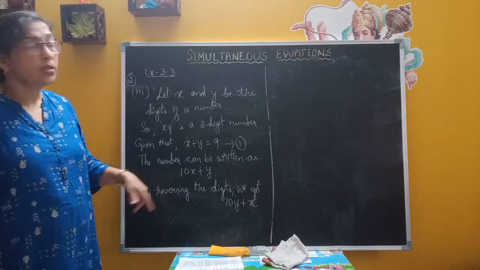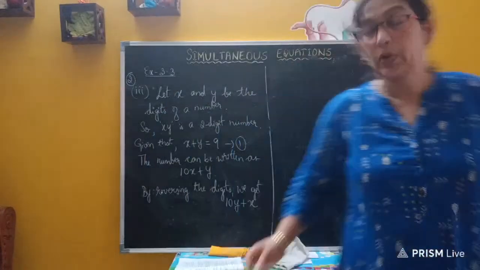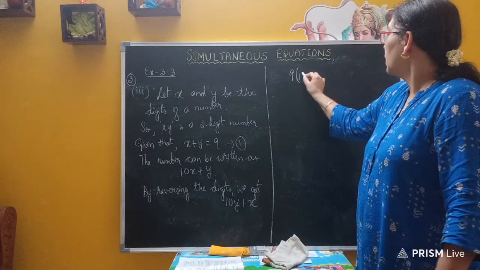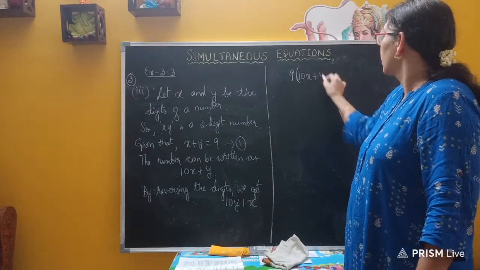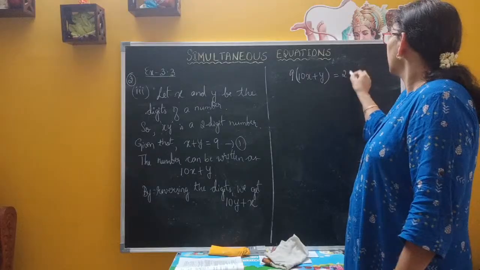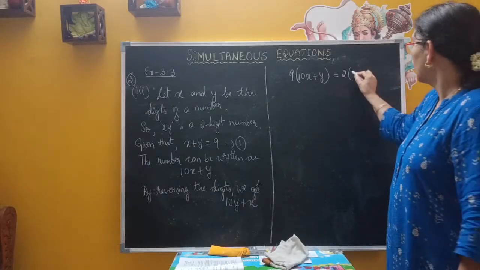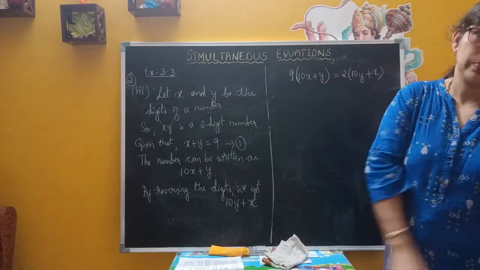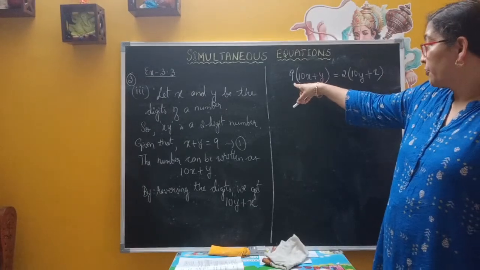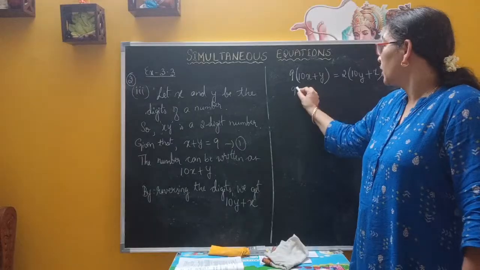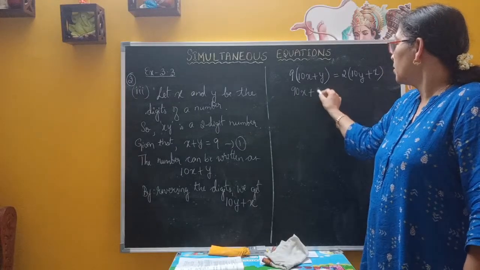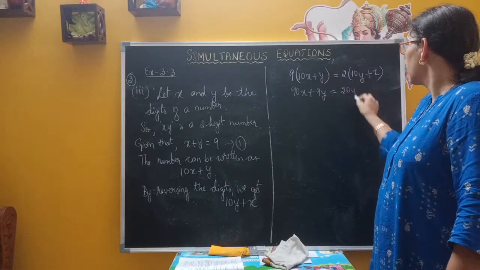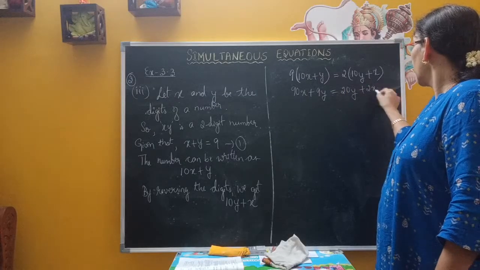Twice the number which is obtained by reversing, 10y plus x. Solve it now. We will get an equation in standard form. So 9 into 10, 90x plus 9y is equal to 2 tens are 20y plus 2x.